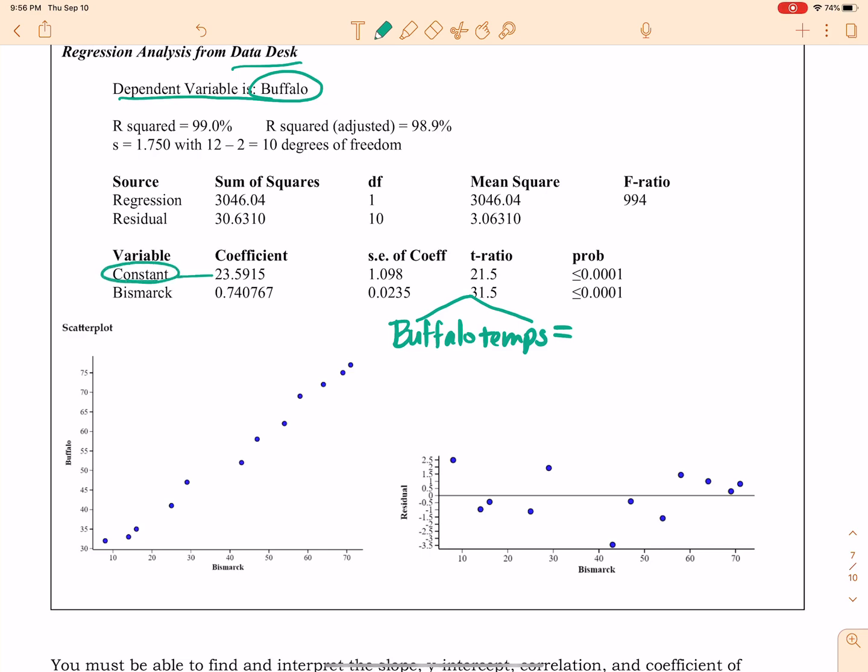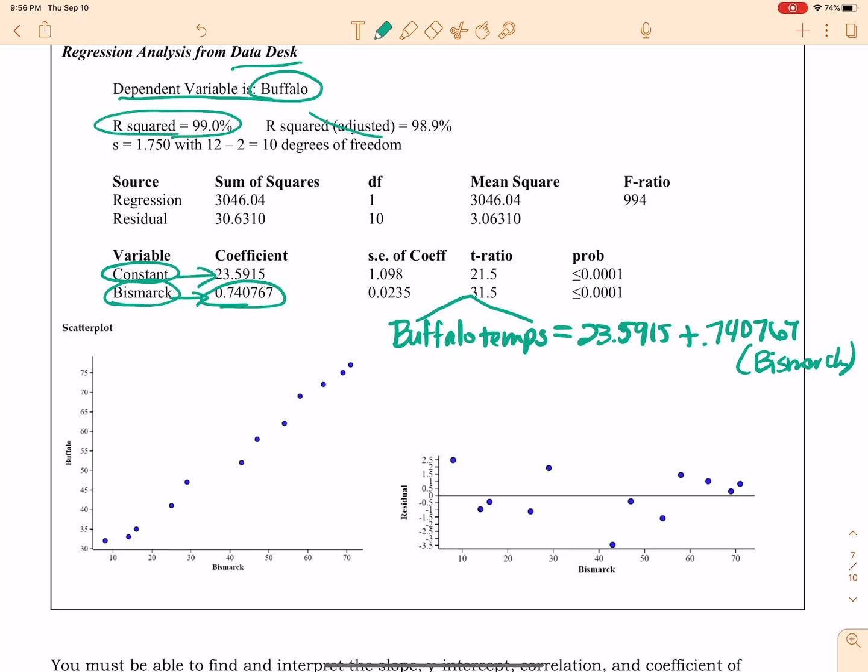Constant 23.5915 plus Bismarck, there's my slope right there, 0.740767 Bismarck. So again, same information, just a little bit different view here. And then, of course, they give you r squared again and adjusted, but we don't deal with that.